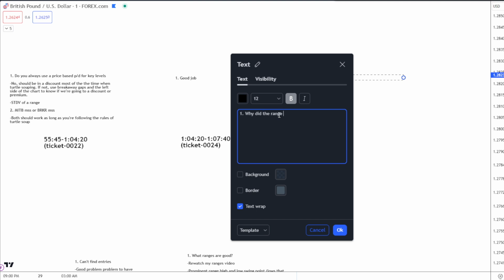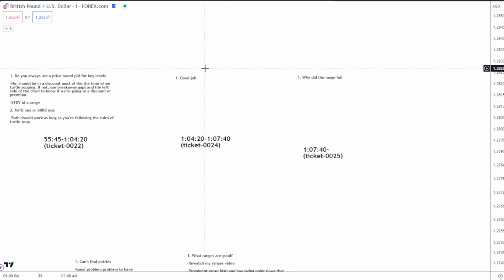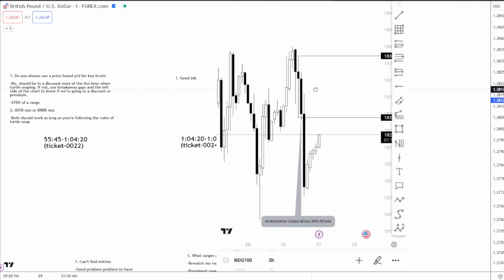Why did the range fail? It also looks like it was in a premium. I'm not sure if this is a range here. This is probably the high of the range. Yeah, we took out this high here. Right, we took out this high, so a reversal is possible there.